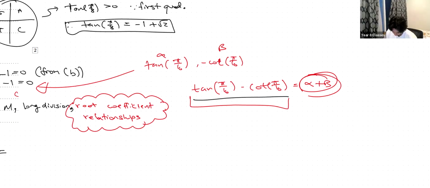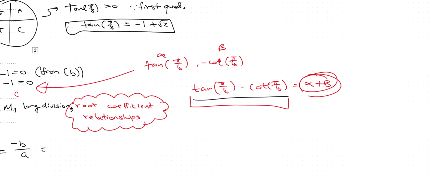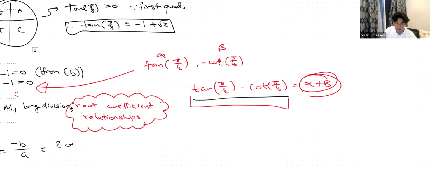Yep, negative B on A. And what is B and what is A here? 2. Just before you move on, is it just 2? Remember, this is a polynomial in terms of X. 2 cot pi on 8. Good. And A? Just 1. Yes. So it's just going to be 2 cot pi on 8.